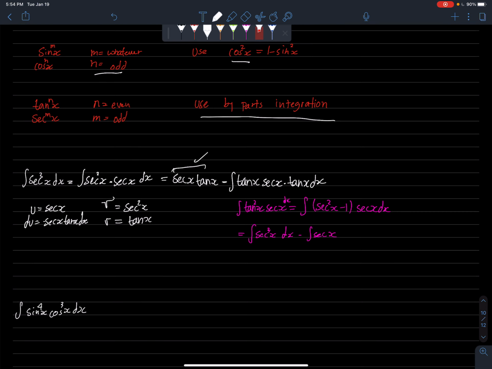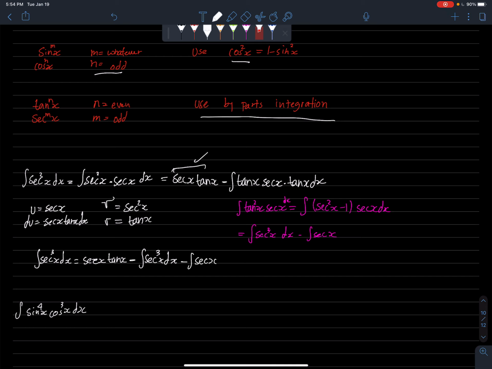So let's rewrite it. The integral of secant cubed x dx is equal to secant x tan x minus the integral of that, which is equal to this: secant cubed x dx minus secant x.